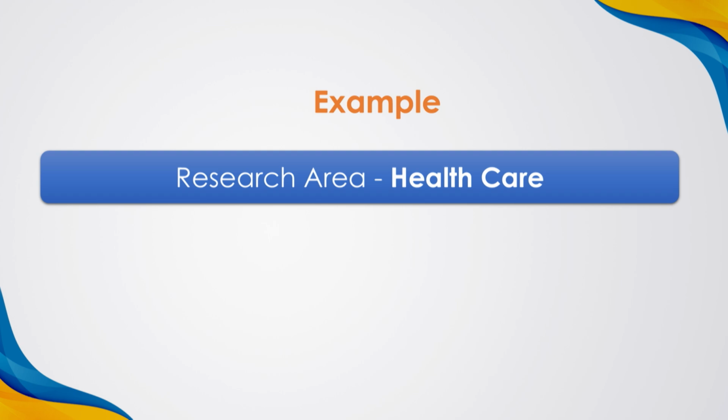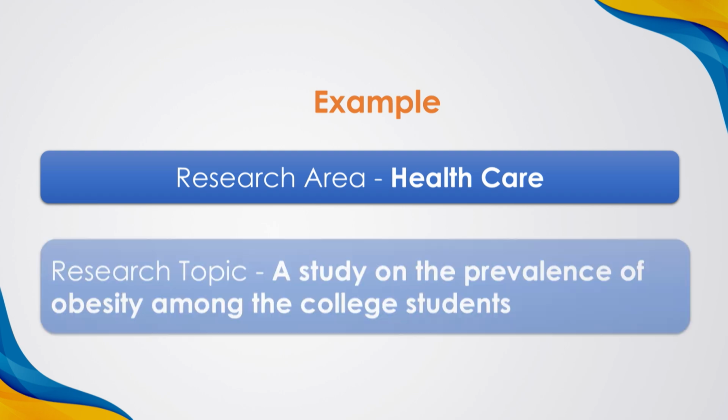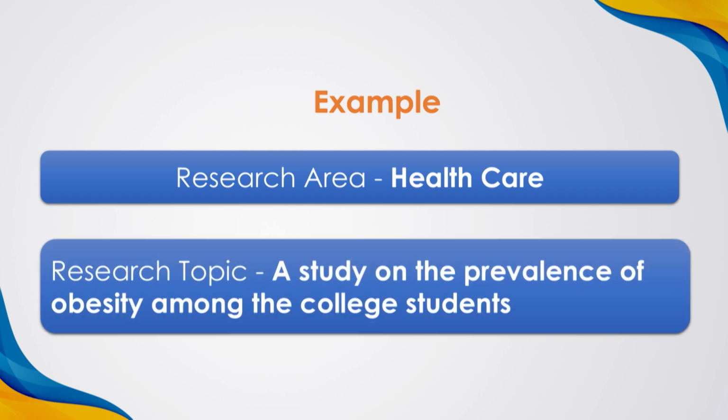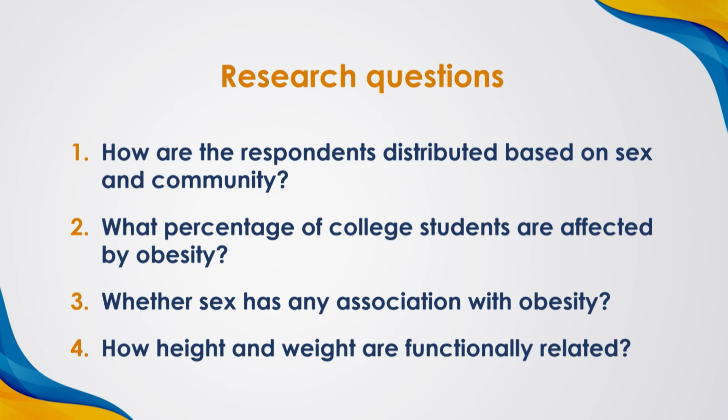Example. Now I am going to give you an example, and for this the research area is healthcare. In healthcare, I have selected the research topic, a study on the prevalence of obesity among the college students. For this purpose, I have framed the research questions.